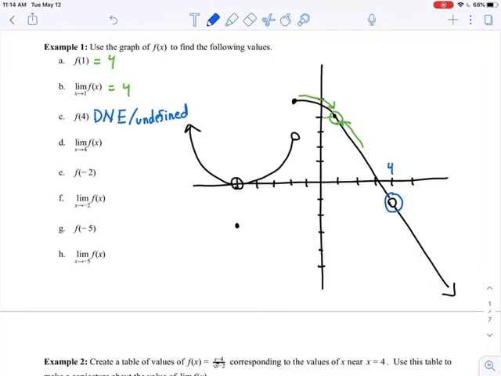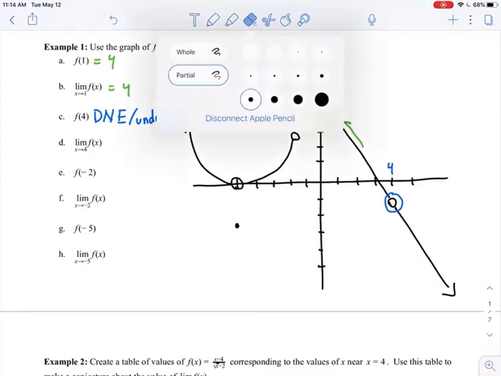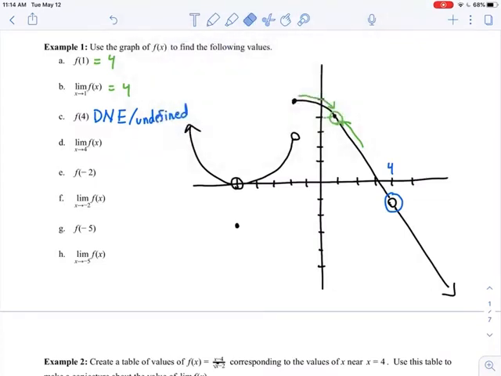Now this is going to be a little bit different though than the limit. Let me erase this right here. Okay. So if I look at the limit now, if I come at 4 from both sides, if I come at it from the left-hand side, if I trace this function, even though the function does not exist at that point, I'm getting closer and closer and closer to my y value, which looks like it should be about -1.